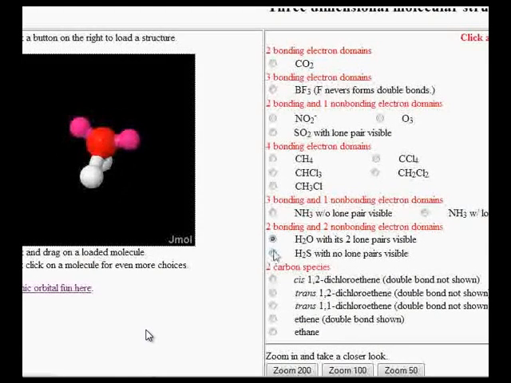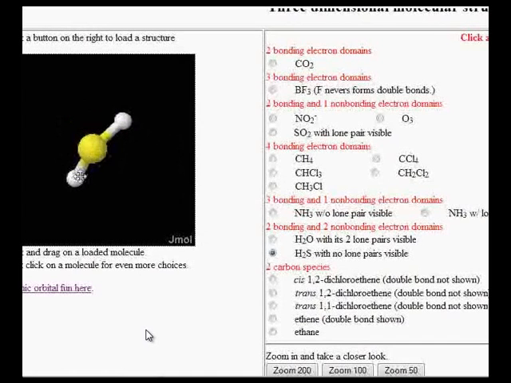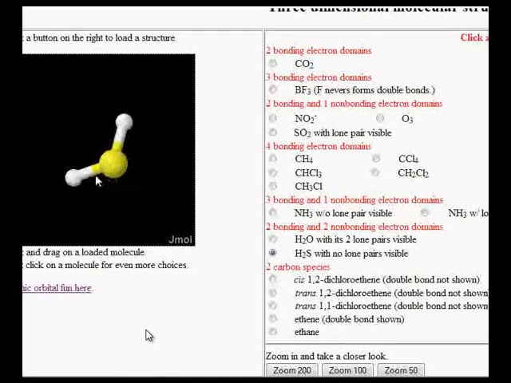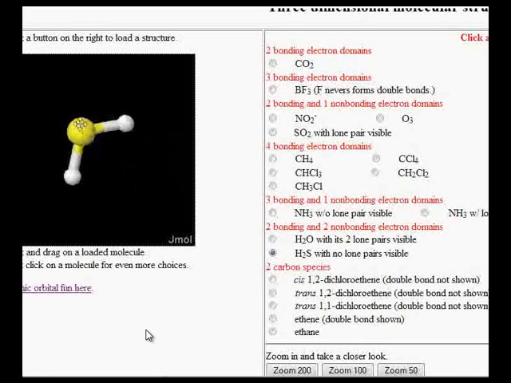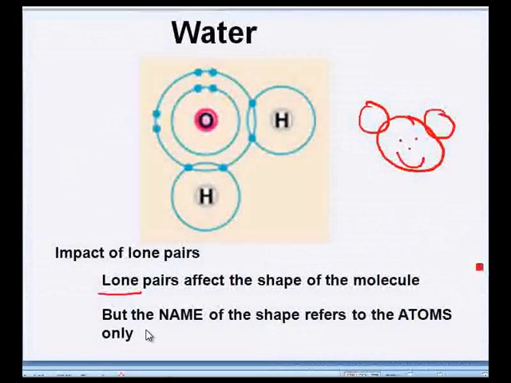So what we'd really see is something like this. Oxygen, 2 hydrogens. And what we know are there are 2 lone pairs up here, and because they're there, they are pushing down on the pairs that have the hydrogen. So this shape is a bent shape. All we see is the atoms. Okay. So that's why water looks like a Mickey Mouse.